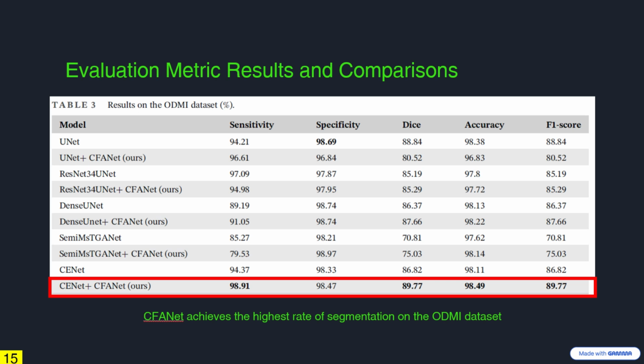And the CFA-Net can achieve the highest rate of segmentation on the ODMI dataset. Specifically, it can reach around 98.99%, 98.47%, and so on.